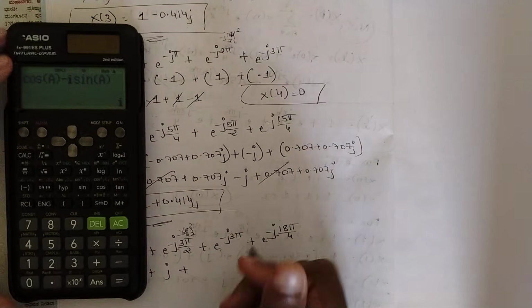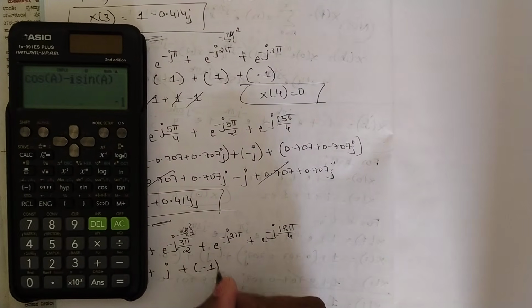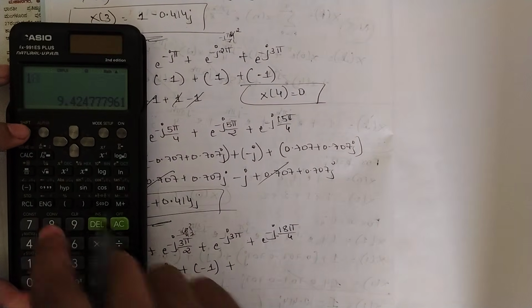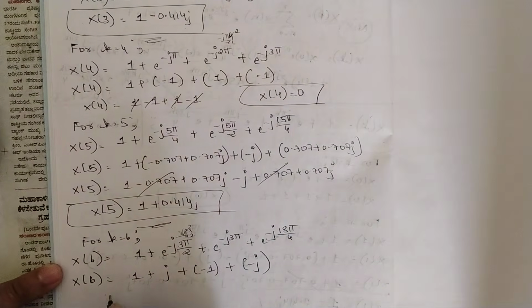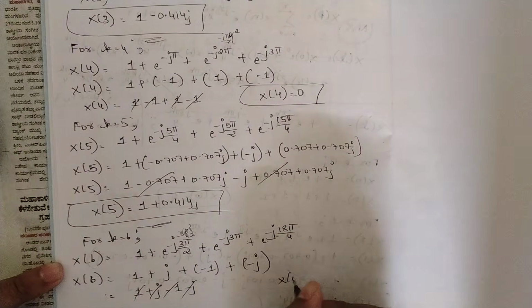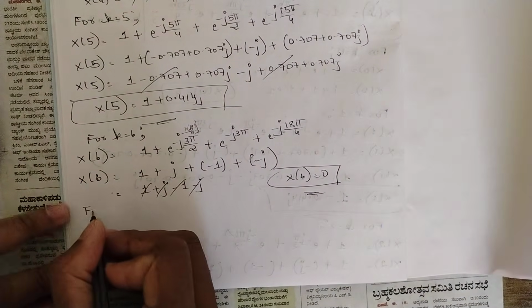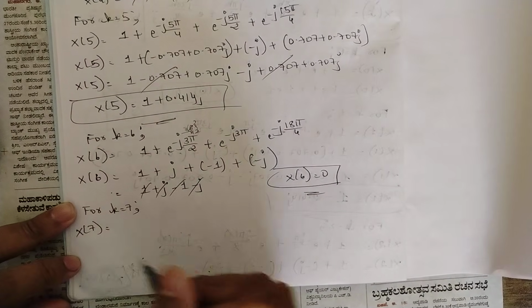Then we have 3 pi, that is minus 1. Then we have 18 pi by 4, that is minus j. Okay, so if we solve this, we get 1 plus j minus 1 minus j, plus j minus j gets cancelled, 1 minus 1 gets cancelled. So our x of 6 is equal to 0, right?